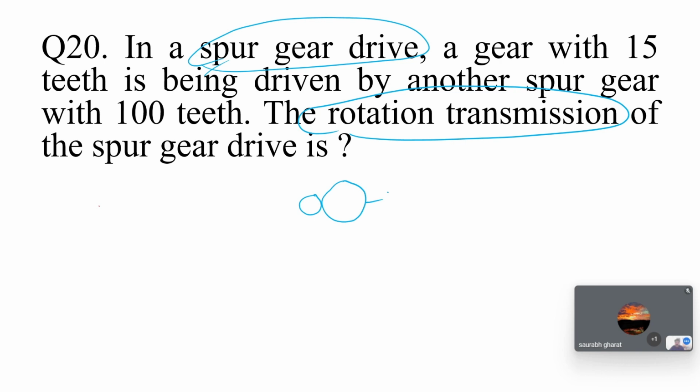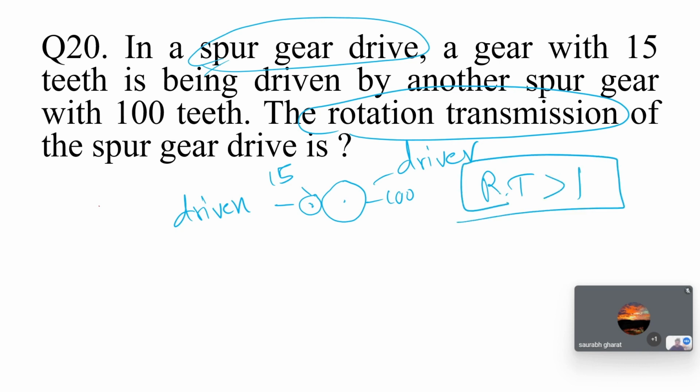The 15-teeth gear is driven, and the 100-teeth gear is the driver. So your RT must be more than one.